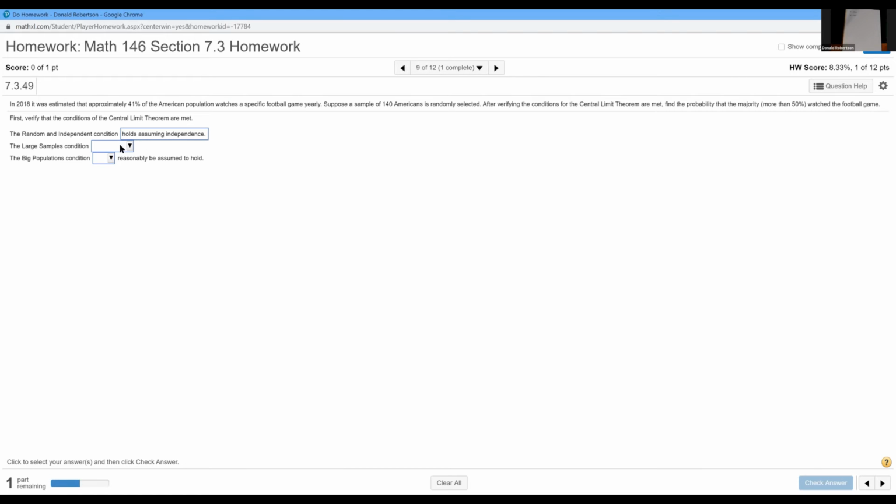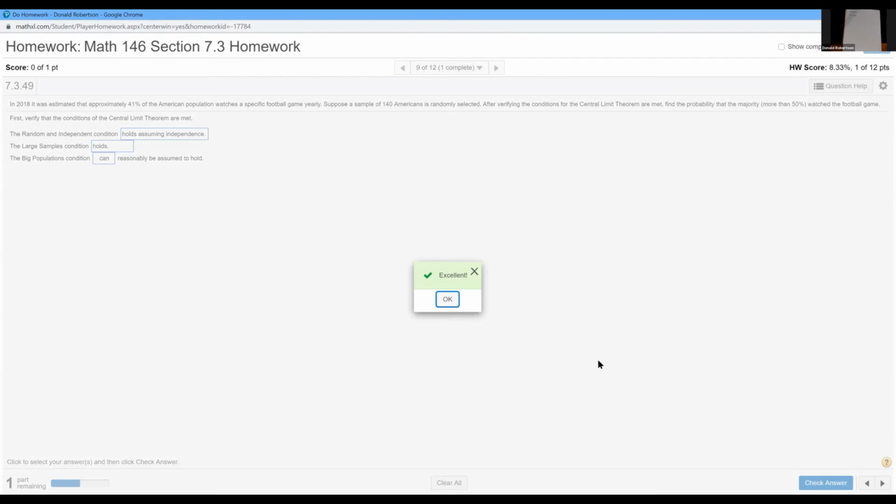Is the sample large enough? Well, 140 might not seem too big, but 41% of 140 is definitely bigger than 10, so it holds. And is the population big enough? I'm sure that the American population is big enough, so we're done. So we just get through that little hurdle so that we can move on.